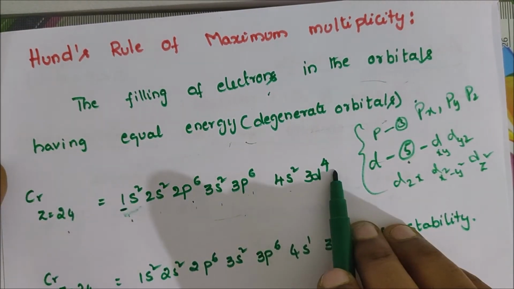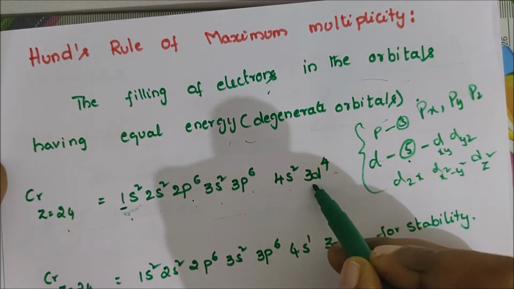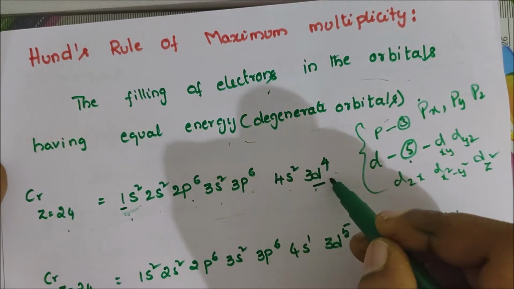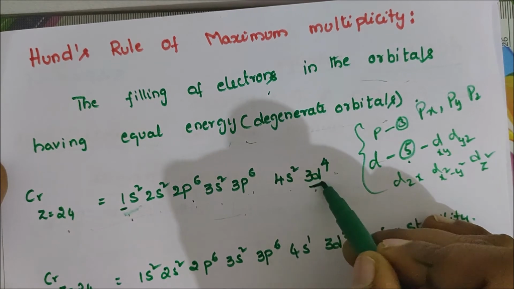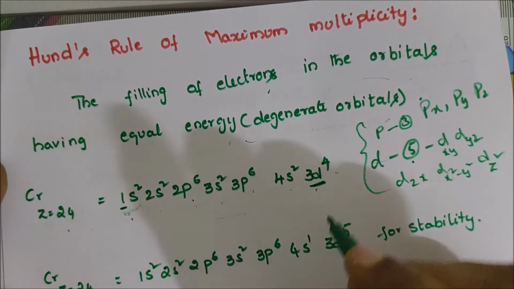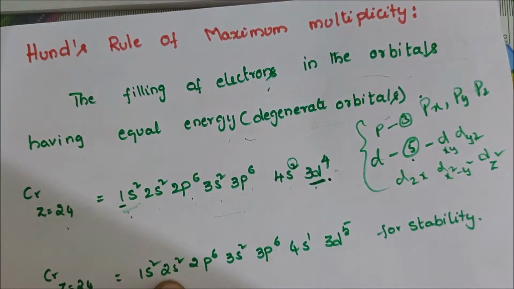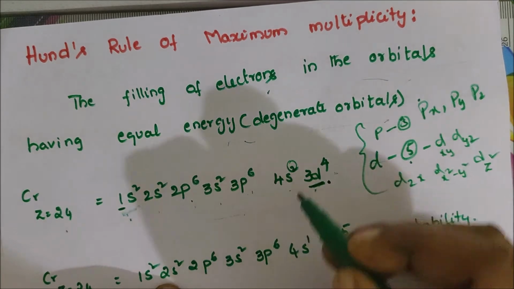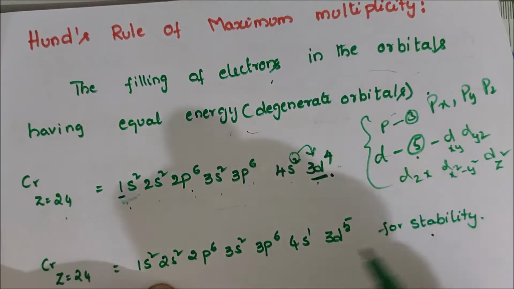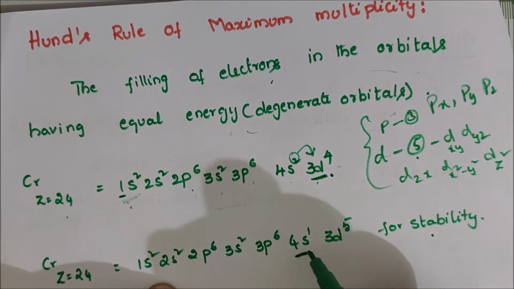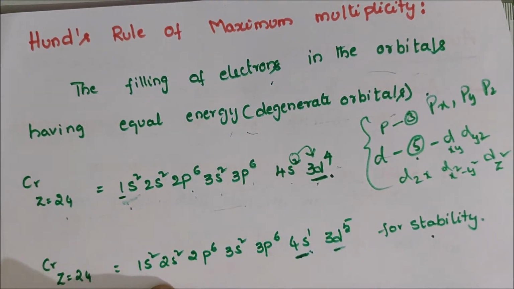This is the expected electronic configuration, but in the 3d orbitals, the degenerate orbitals have unpaired electrons, and it is not stable. That means one electron in the 4s orbital jumps to the 3d orbitals for stability, because the 4s orbital has lower energy than the 3d orbital.